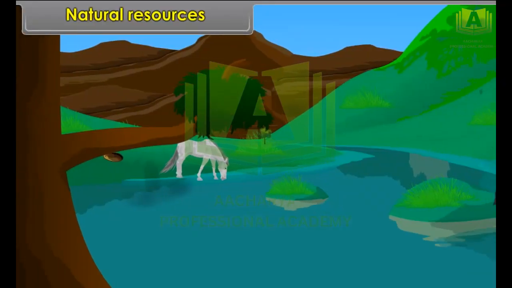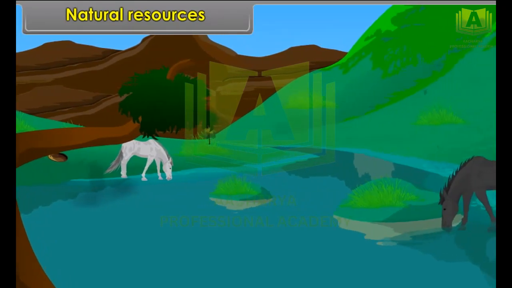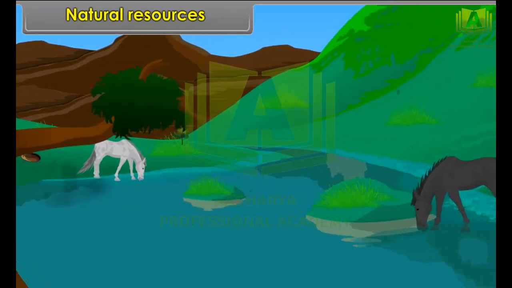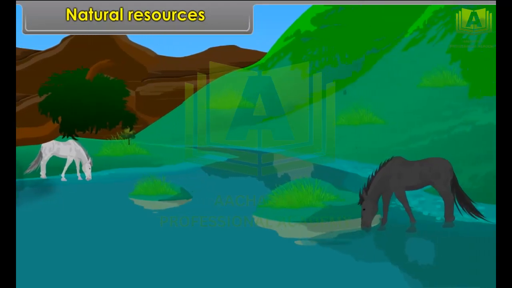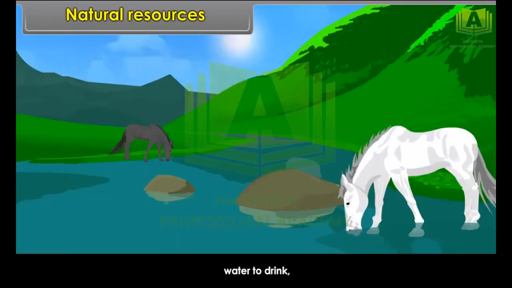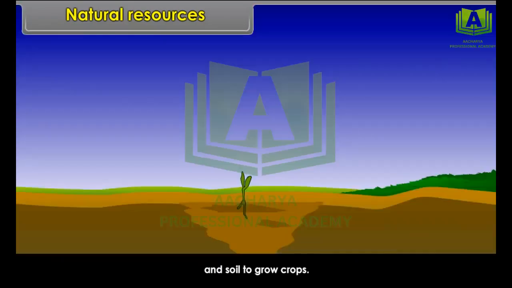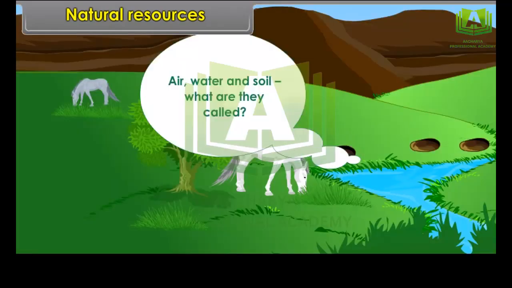Let us start the chapter by explaining the term natural resource very briefly with suitable example. We need air to breathe, water to drink, and soil to grow crops. Air, water, and soil. What are they called?